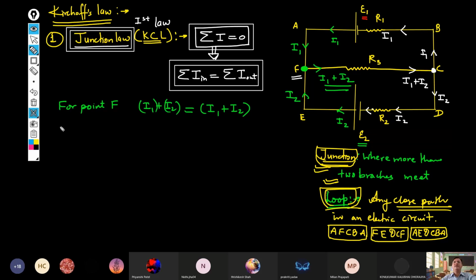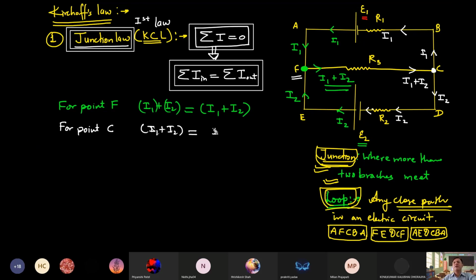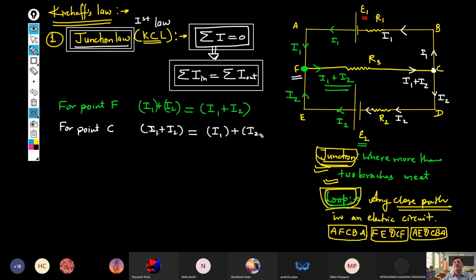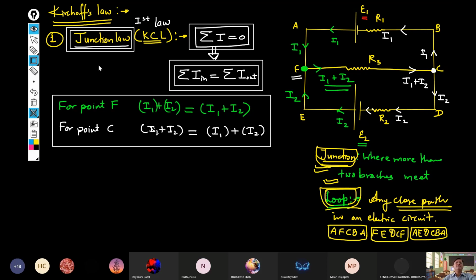Again for point C, I can write I1 plus I2: the algebraic sum of incoming currents is equal to the algebraic sum of outgoing currents, I1 plus I2. I hope everyone is clear regarding these 2 points, the junction law. Any query?